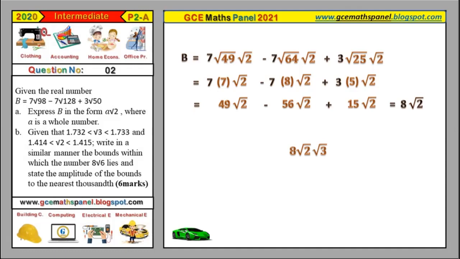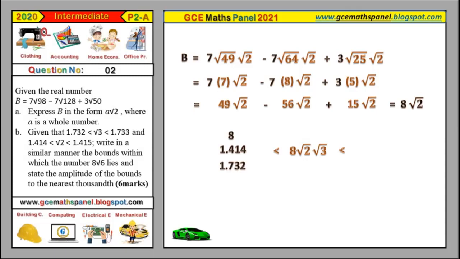So this number lies in the interval of, firstly, we have to multiply the lower bound of 8 and the upper bound of 8 by 8. Normally 8 will be equal to 8 in both bounds. Now, the next thing, we multiply this 8 by the lower bound of 2, which is 1.414, and by the lower bound of 3, which is 1.732.